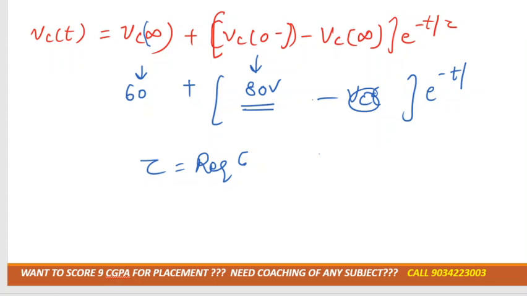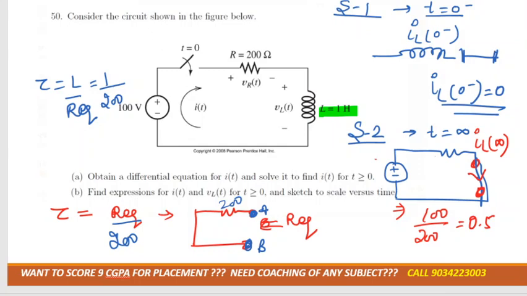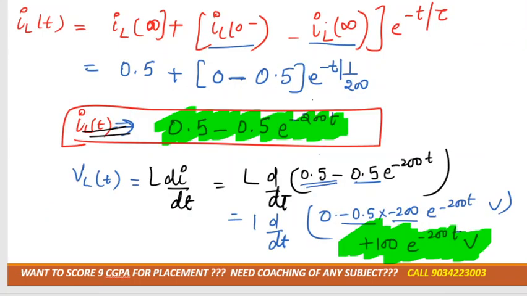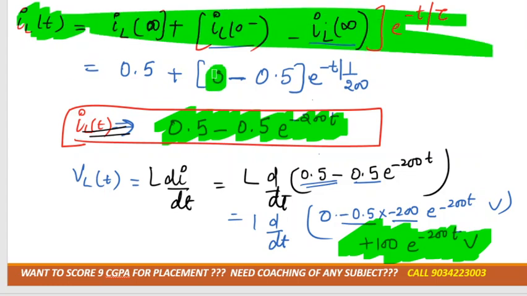Okay, let's move to another question. This is the voltage across the inductor. Every step in the inductor case we have IL of t, and we need to put it in this formula. IL of 0 minus was 0.